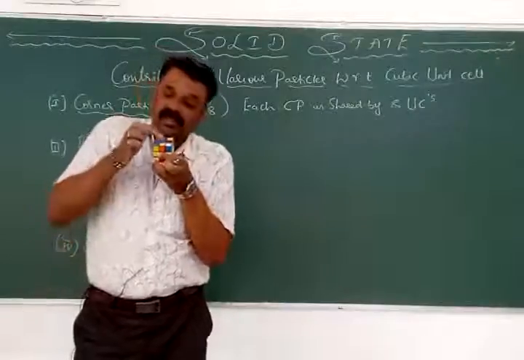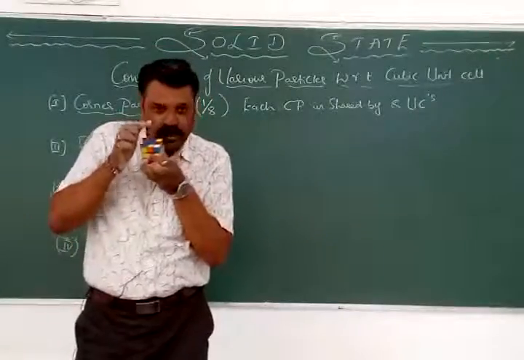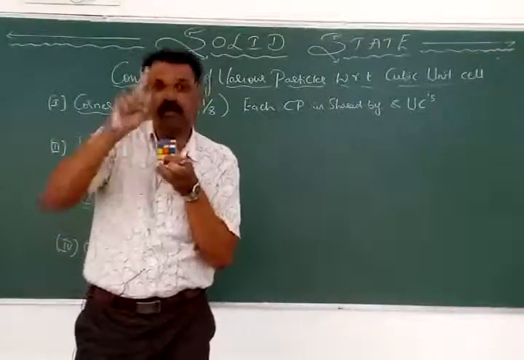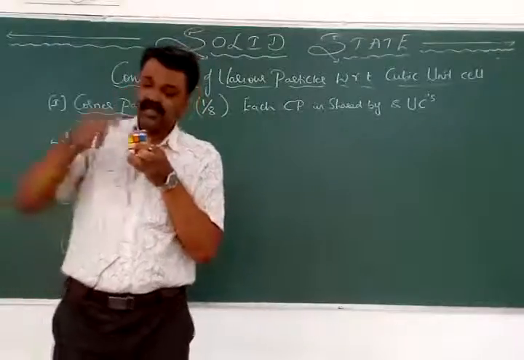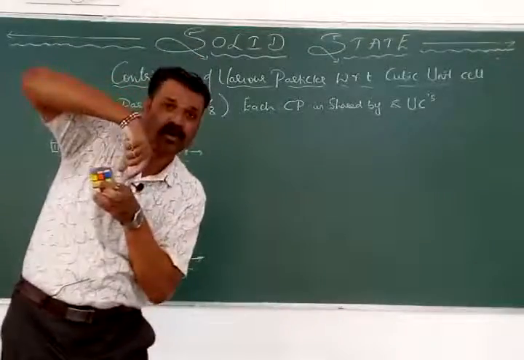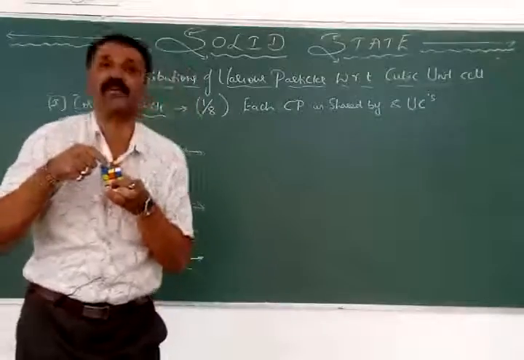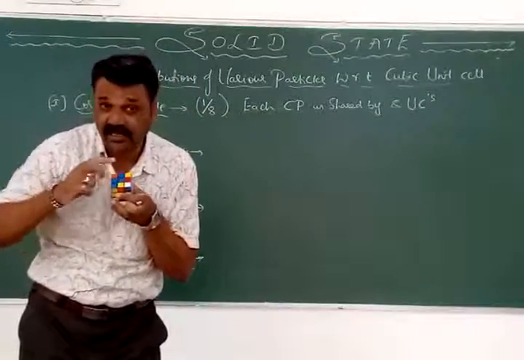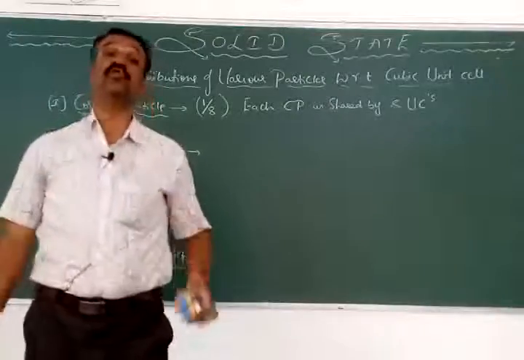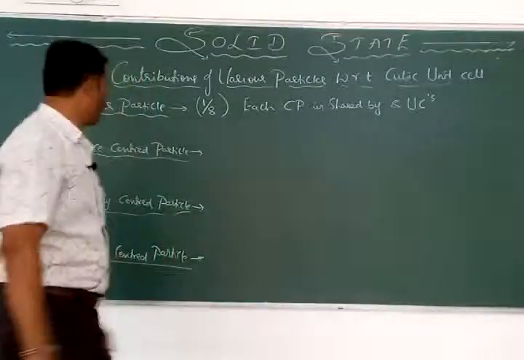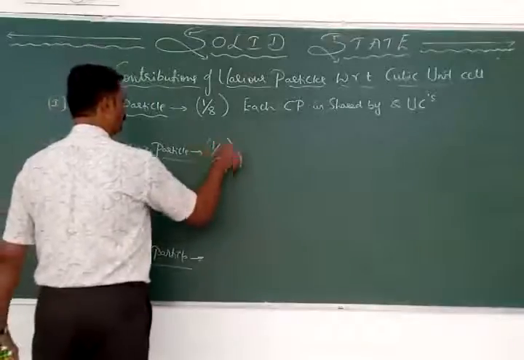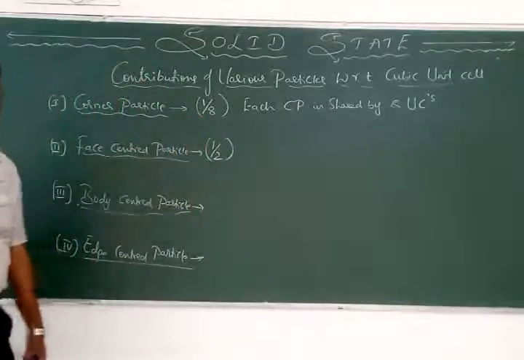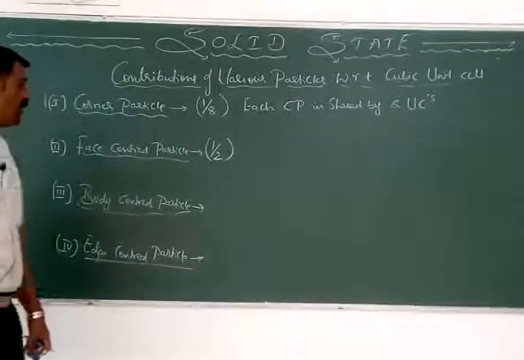This point is shared between 2 unit cells. Therefore, its individual contribution is just 1 by 2. Suppose if I put another cube here, it is no way concerned with this face centered. This face-centered particle is shared by only 2 unit cells. That is why its contribution is 1 by 2.